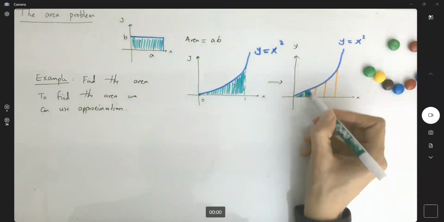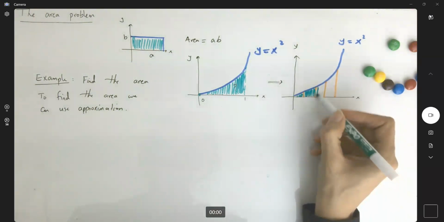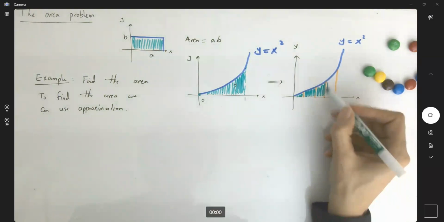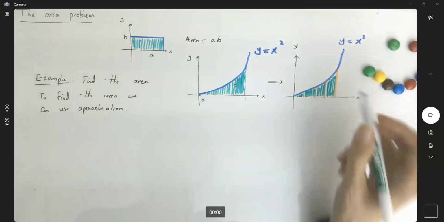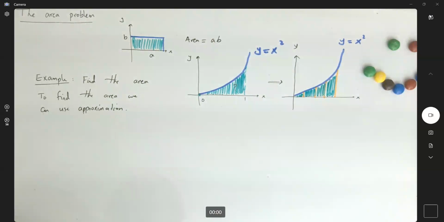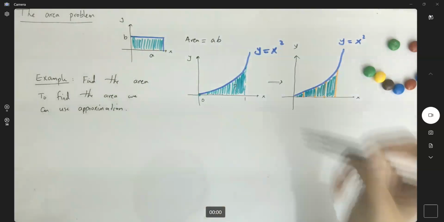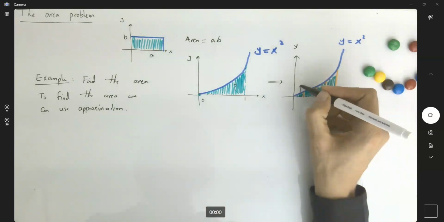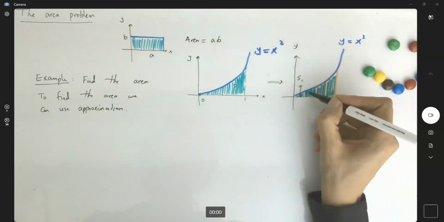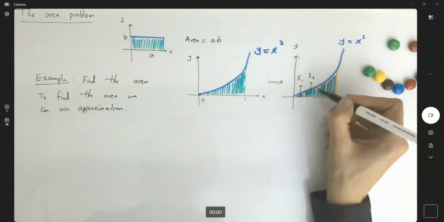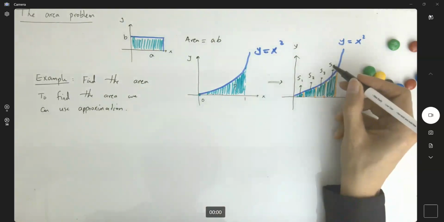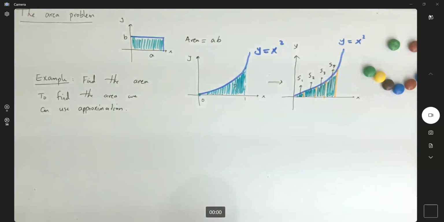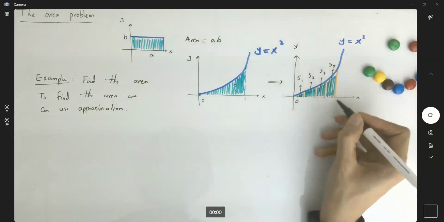I'm going to calculate each of these areas approximately, add them all together, and have an approximation for the area. I'm going to call these S sub 1, S sub 2, S sub 3, and S sub 4.